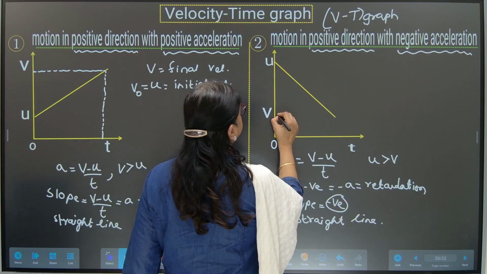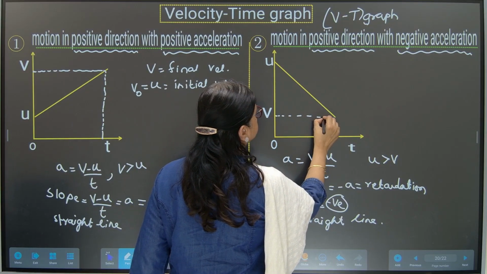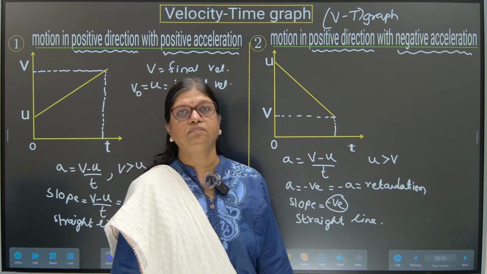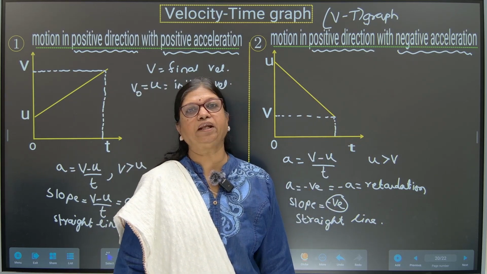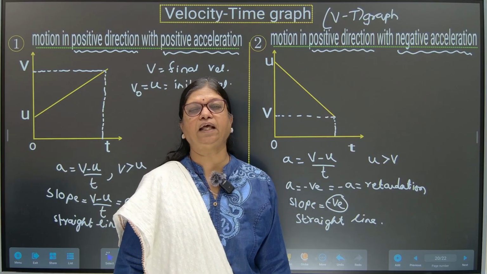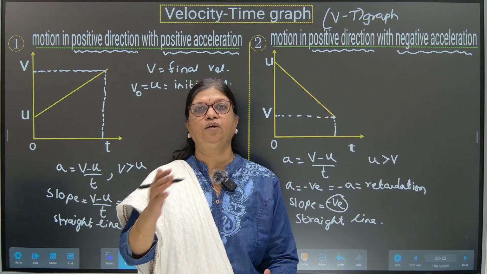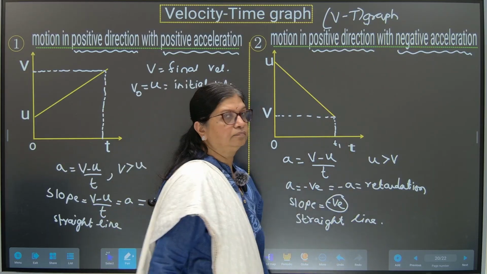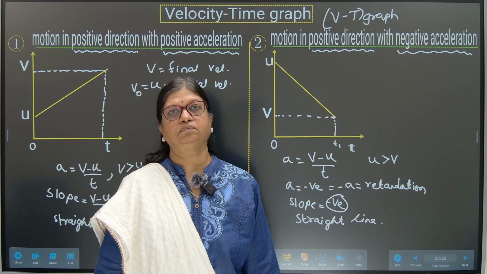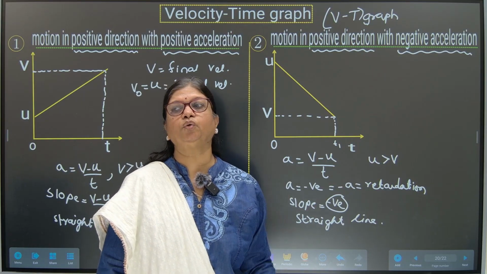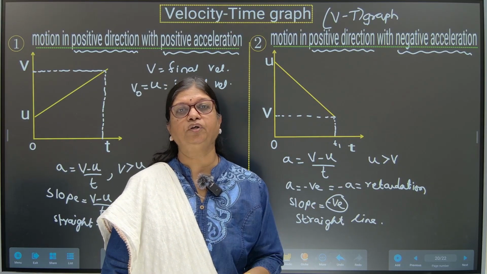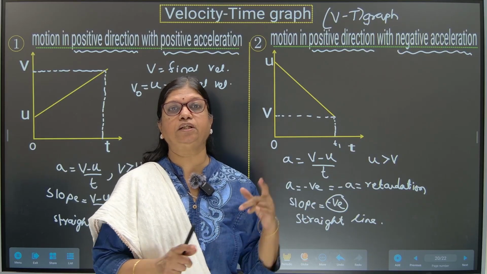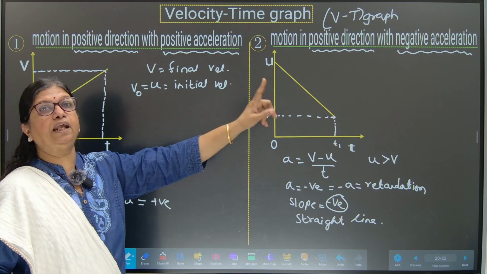So here I can say that the final velocity is lesser than the initial velocity for a longer time, say t1. Clear? Or t2. Fine. So this way, looking at the graph, you should be able to identify whether the acceleration is positive or negative.